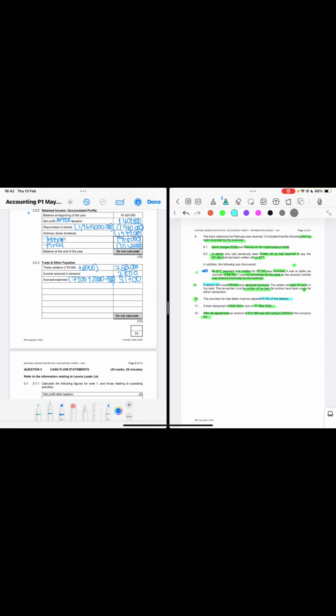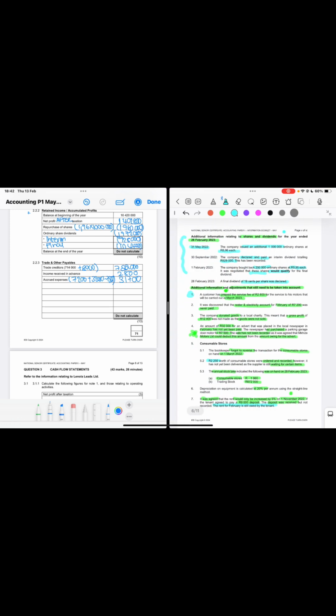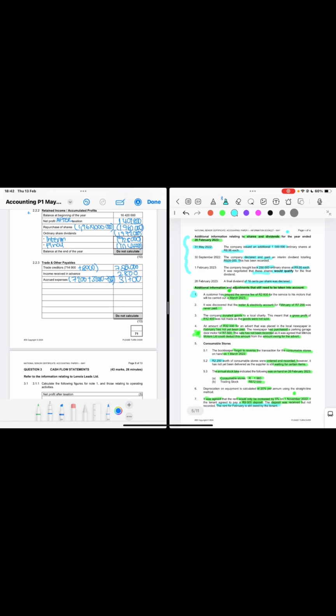Then we continue. So the other things that have not been included here that we should include, that are payables, our other payables. We already have our trade payables, which is trade creditors. So our other payables are, if you see here, there's that final dividend. Final dividend means it's a dividend that has been declared but has not yet been paid for. They didn't say the final dividend was paid for.